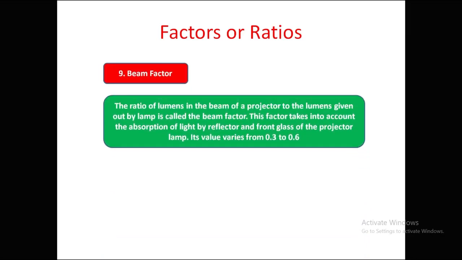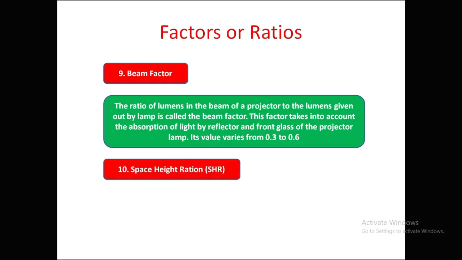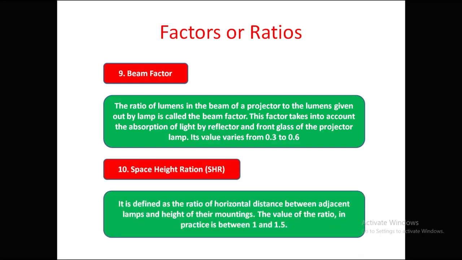The ratio of lumens in the beam of a projector to the lumens given out by the lamp is called the beam factor. This factor takes into account the absorption of light by the reflector and front glass of the projector lamps. Its value varies from 0.3 to 0.6. Next, space height ratio.